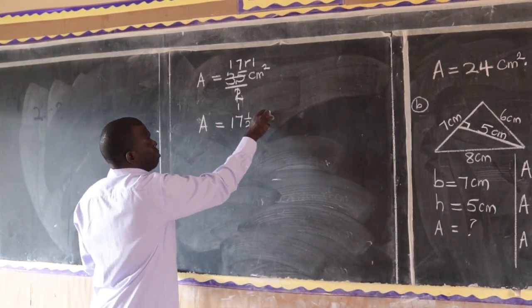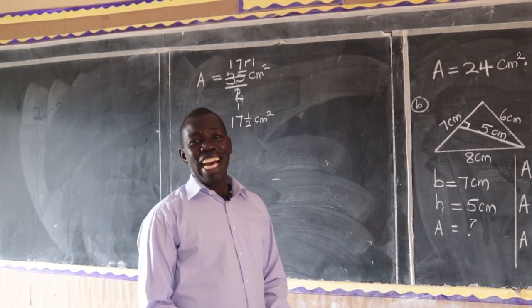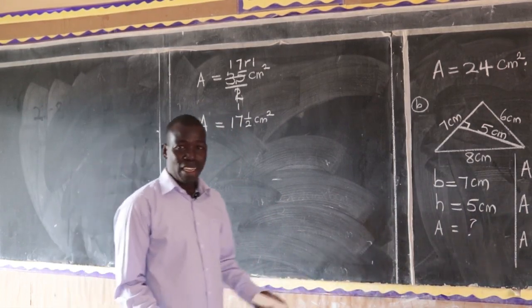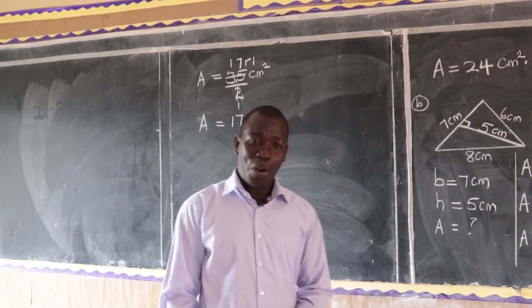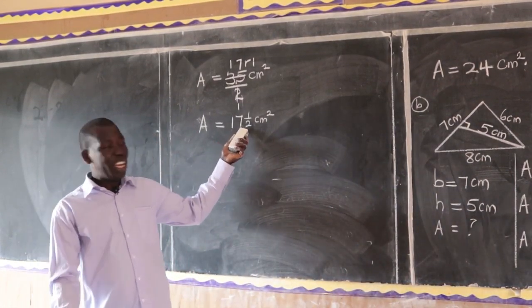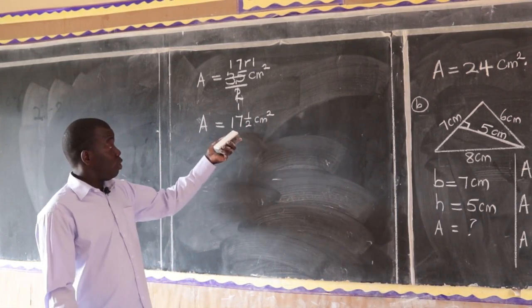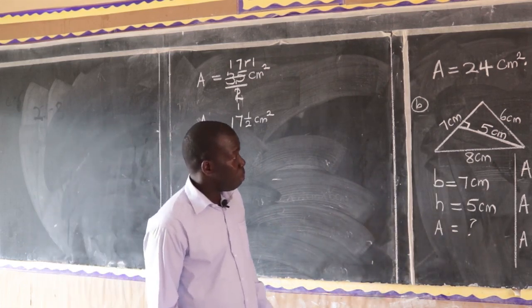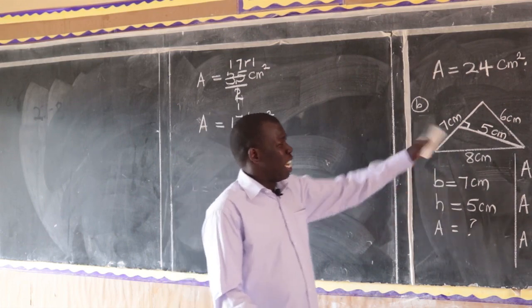Children always fear to get an area, an answer which is a fraction like that. They want a whole number, like in my first example and the second example. No. If you happen to get a fraction like this, it does not mean that you have failed. Please be strict. When some children get this kind of answer, they think, hey, I think the base was supposed to be 8, so they go back and cross.